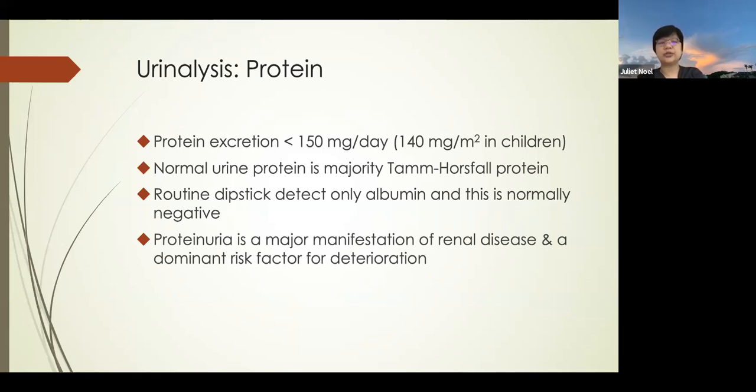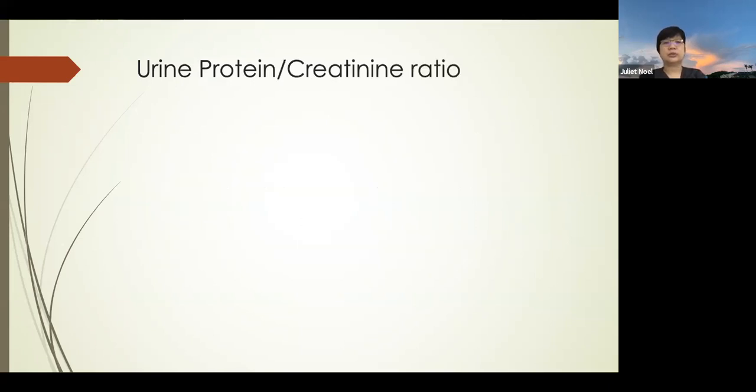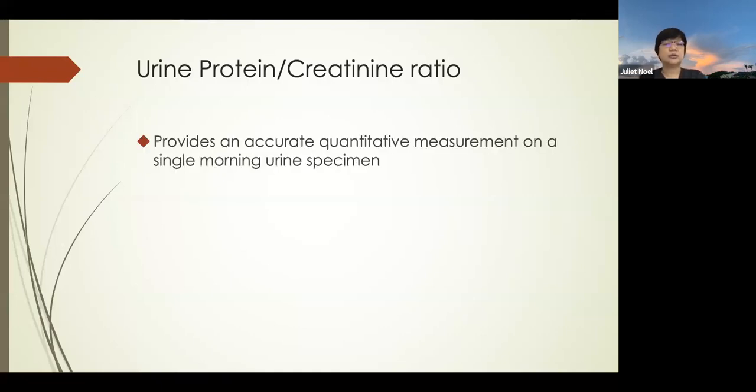So proteinuria is a major manifestation of renal disease and a dominant risk factor for deterioration. You can measure urine protein by 24-hour urine collection together with your creatinine clearance, or you can use a spot urine protein-creatinine ratio, especially in children when you cannot instruct them to collect 24 hours. Preferably use the morning urine, which provides an accurate quantitative measurement on a single specimen.